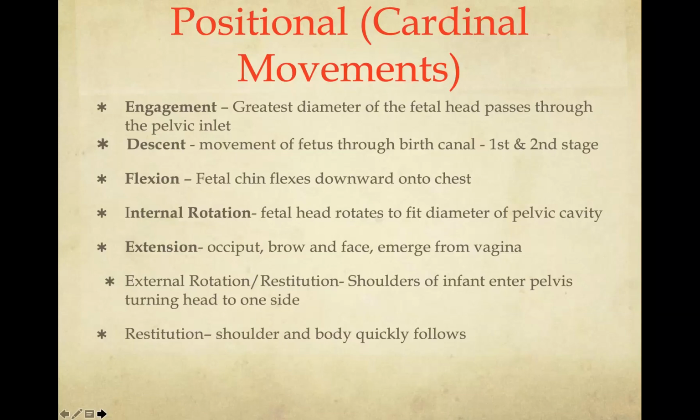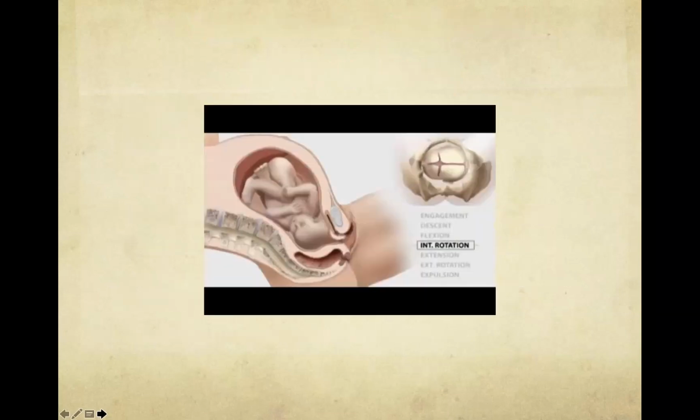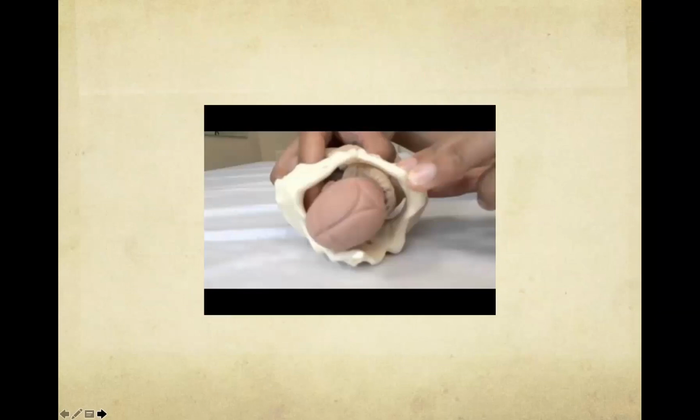Flexion, where the fetal chin flexes downward onto the chest. The baby internally rotates, extends, whereas occiput, brow, and face emerge from the vagina, externally rotates, as the shoulders of the infant pass through, and then restitution, where the shoulders and body quickly follow. And there's a couple of little videos I would definitely go back and watch.